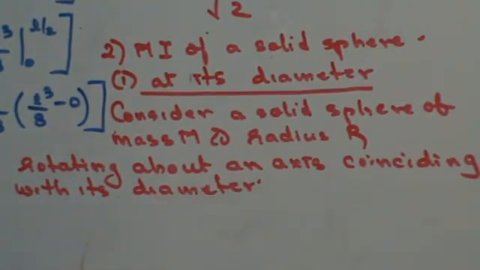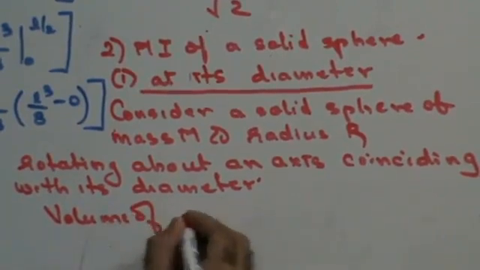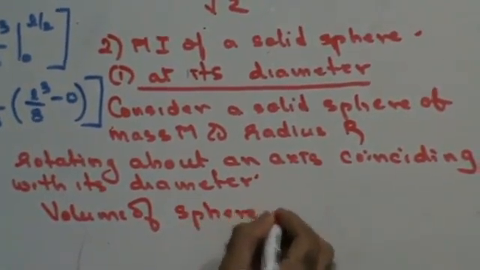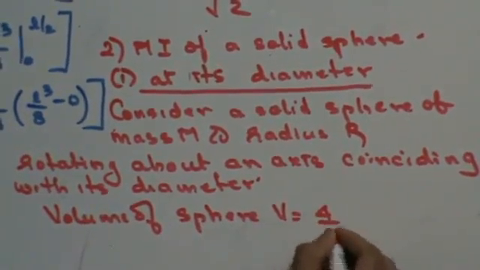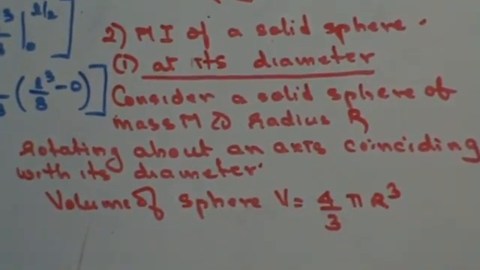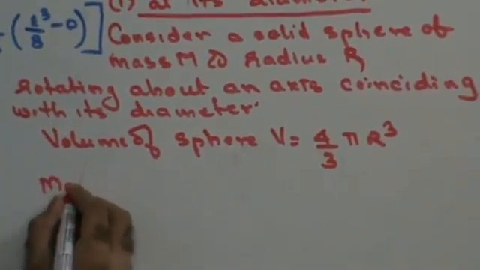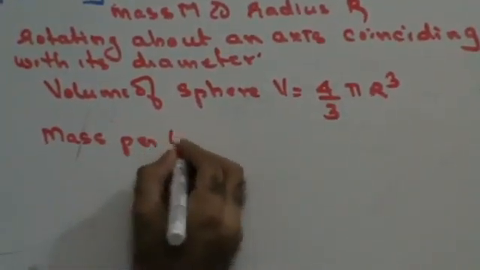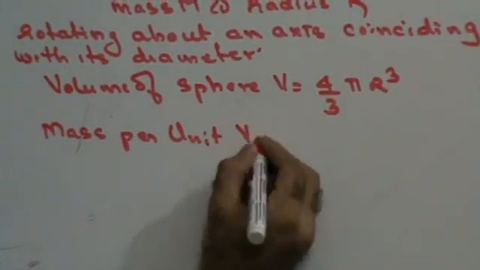So in which case I can say that the volume of sphere V is 4 upon 3 pi r cube. Volume of the sphere is this. In that case I can say what will be the mass per unit volume.